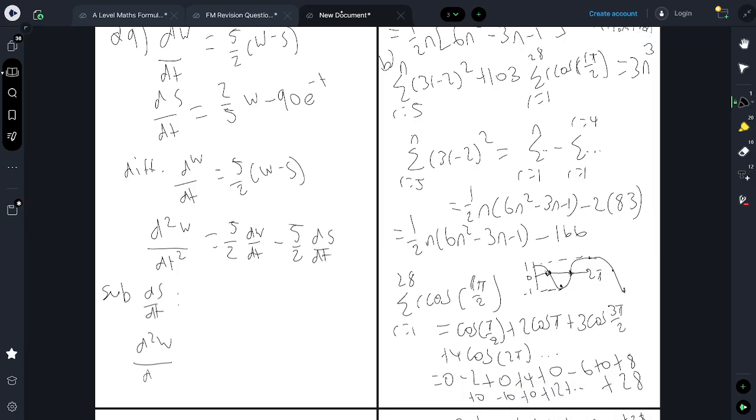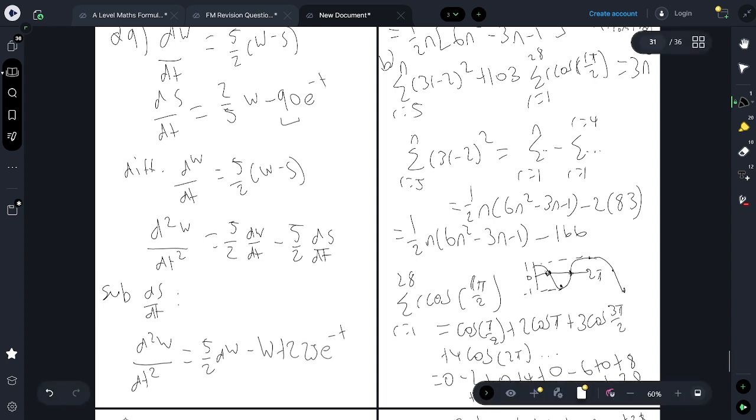So d squared w by dt squared is going to be 5 over 2 dw by dt, can't do anything more with that, minus 5 over 2 times ds by dt, which is 2 over 5 of w, so that's going to be minus w, and minus 5 over 2 lots of minus 90 e to the t. So that's going to be plus 225 e to the minus t. And that's all in terms of w and t.